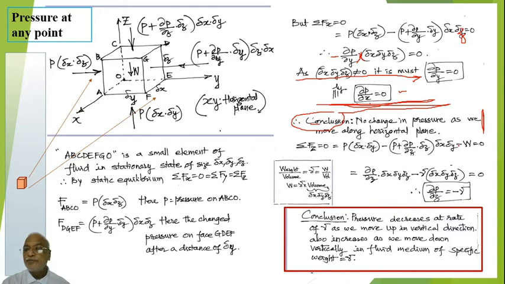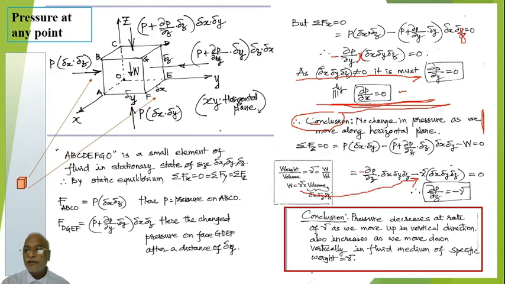Then there is a minus sign here, this minus is left over here. Now this w is coming from here, gamma multiplied by delta x delta y delta z, equal to 0.